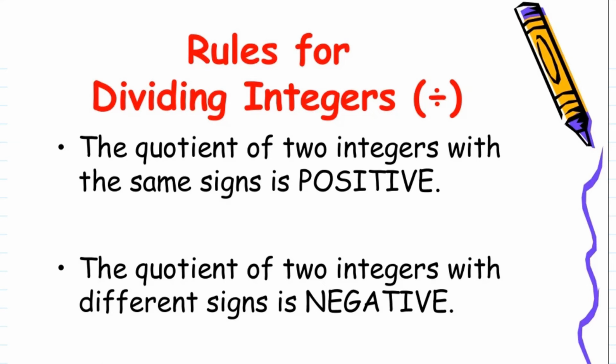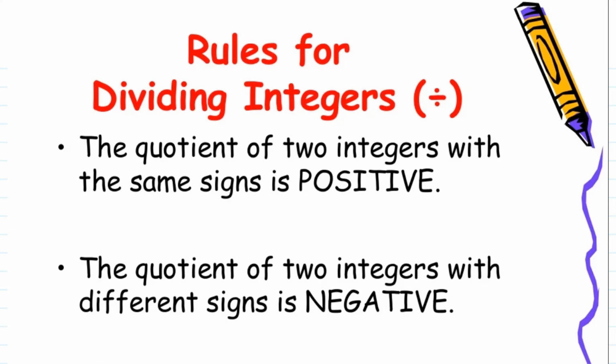Rules for dividing integers. As you can see, the rules in multiplying integers and dividing integers are the same. Yes, they are the same because if you divide both positive, your answer will be positive. If you divide both negative, the answer will be positive.